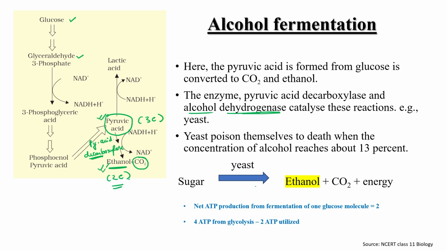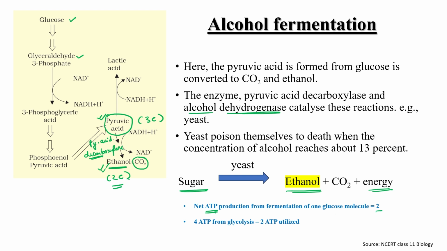This is known as alcohol fermentation, when the sugar, or we can say sucrose, utilizing all the steps of glycolysis, converts into ethanol, and at this particular point carbon dioxide has been released and some amount of energy is also generated. What is the net ATP molecule produced during alcohol fermentation?